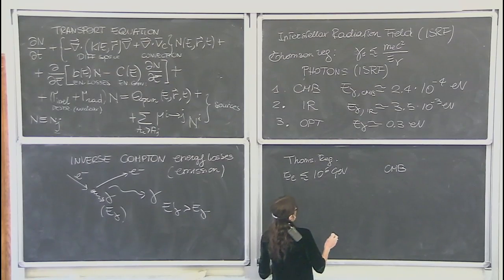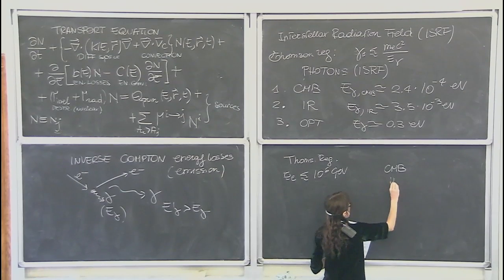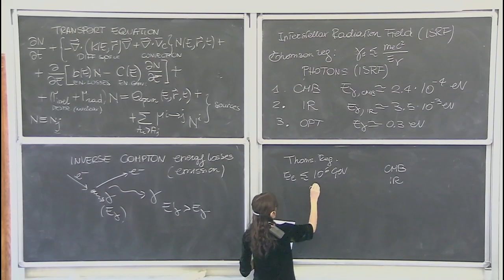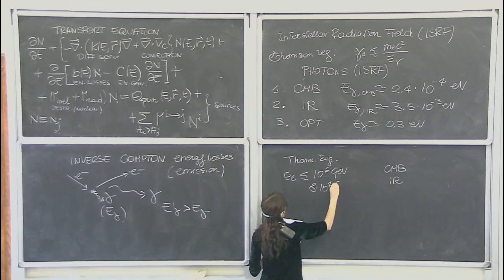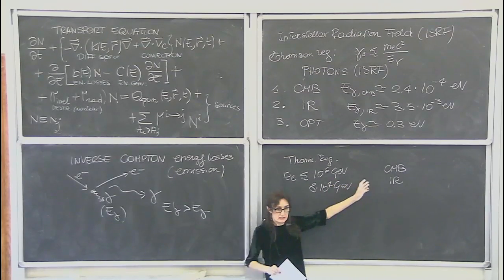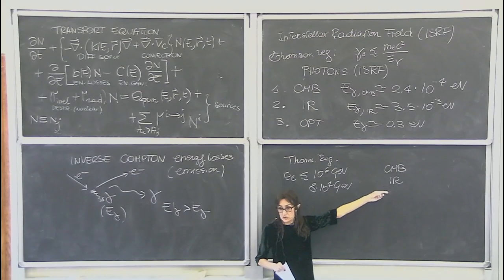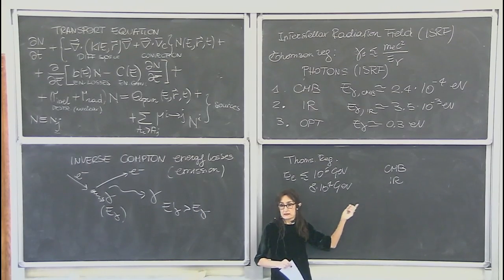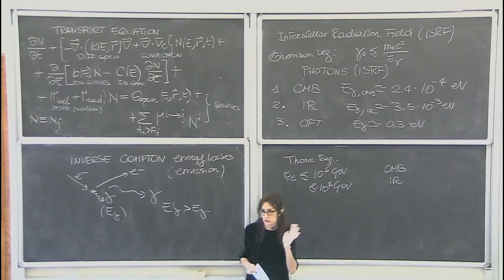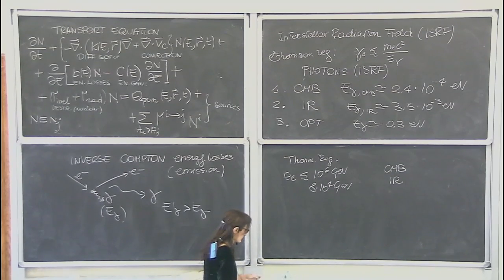If the interaction is on the infrared population, then this number is 10 to the 4 GeV. So if you increase the energy of the scatterers, you decrease the energy below which Thomson is valid. So you start needing to treat Klein-Nishina.